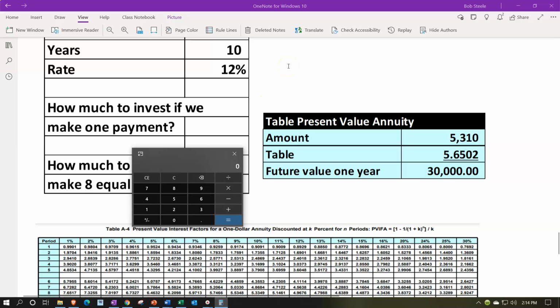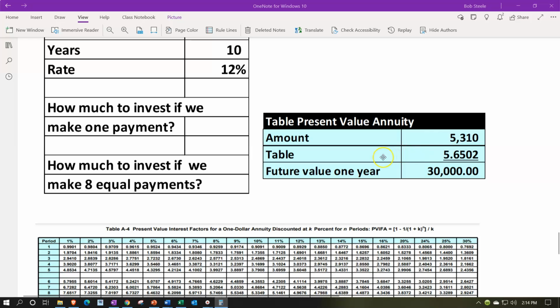So we take the 30,000 divided by the 5.6502, and that gives us our payment amount, which is about 5,309.5453. So they could ask you that. A book problem may well ask you that in terms of the table, because you can basically back that into a table and try to take your financial calculator away to figure that one out.